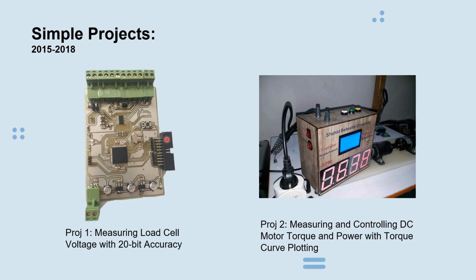It can measure the weight of an object with high accuracy, and I did the PCB and programming of the device by myself. A PCB, or printed circuit board, is this board. See this board, we call it a PCB, or printed circuit board.